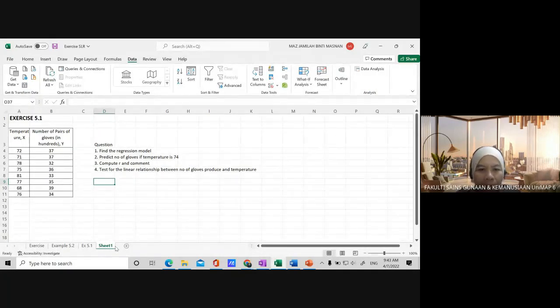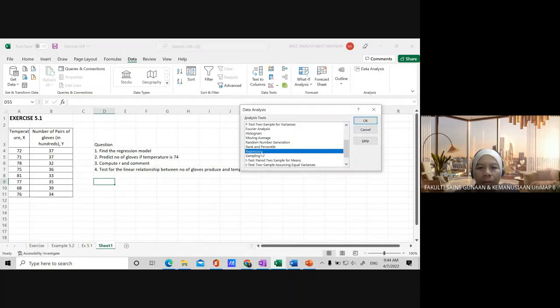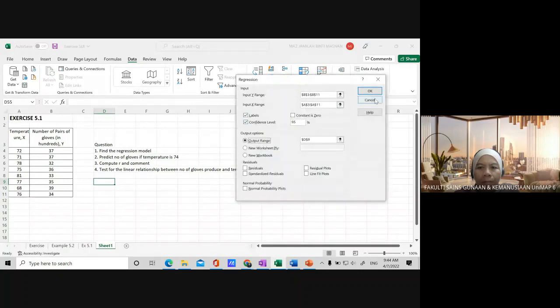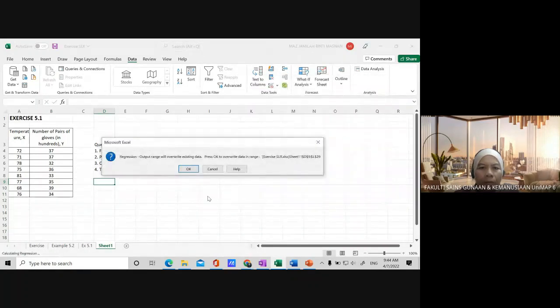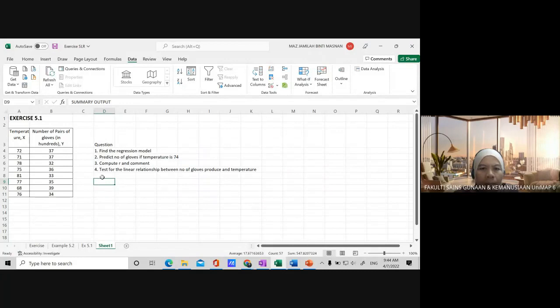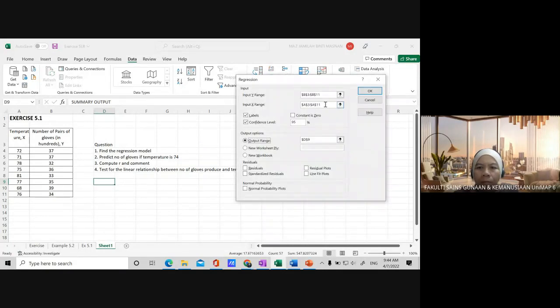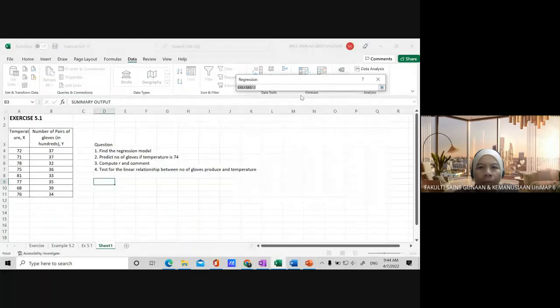What happened? Where is my analysis? Data analysis, regression, okay. Then okay. There's something wrong with the input range.